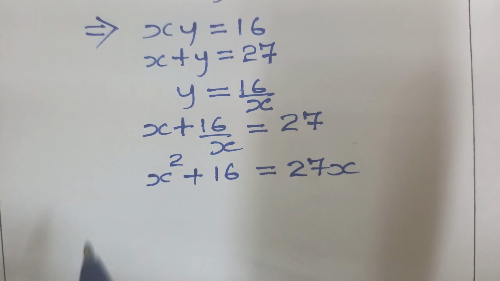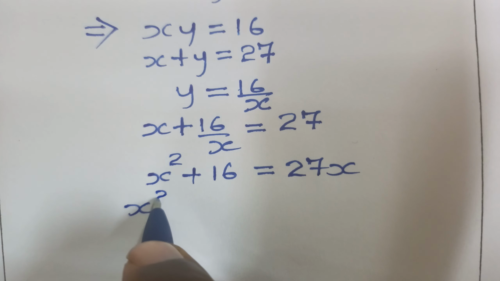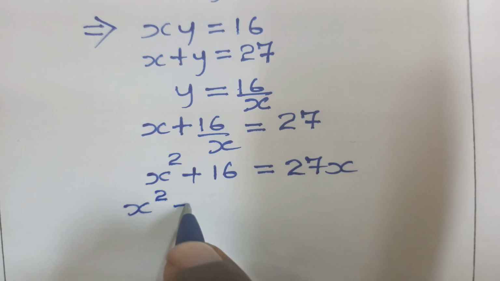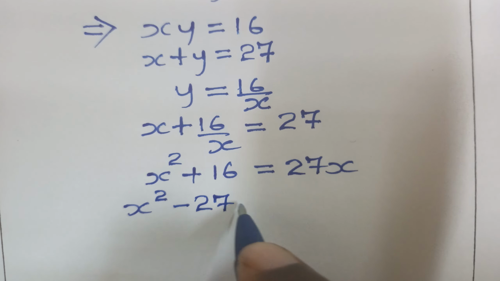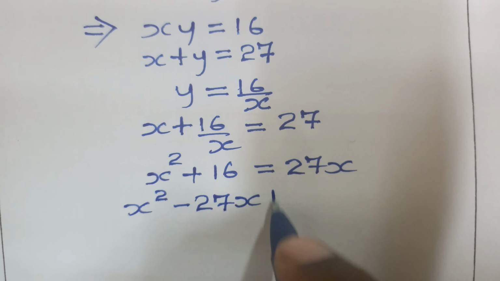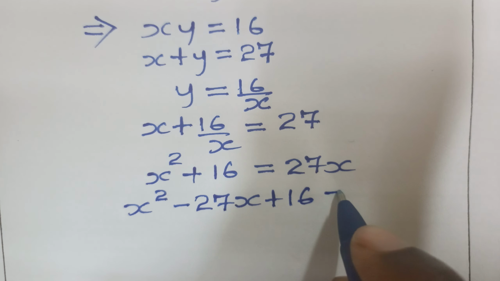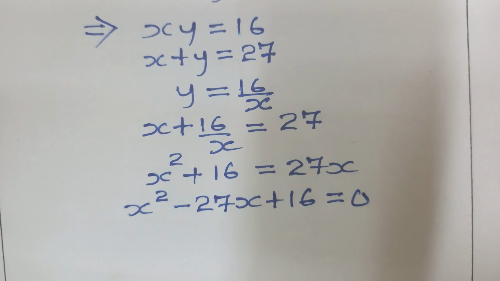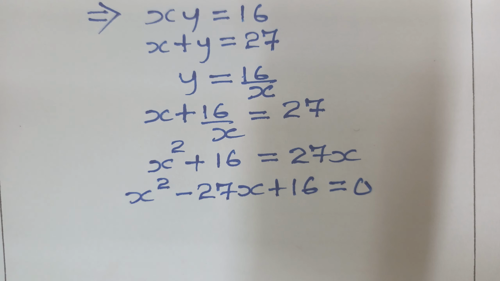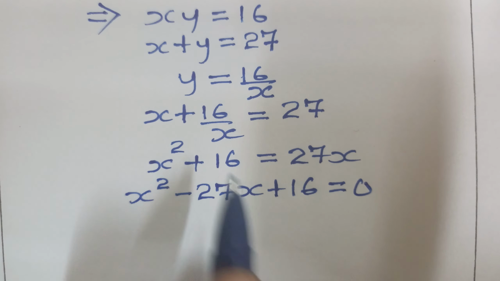And so x squared minus 27x plus 16 is equal to 0. So now we have a quadratic equation which we want to solve.